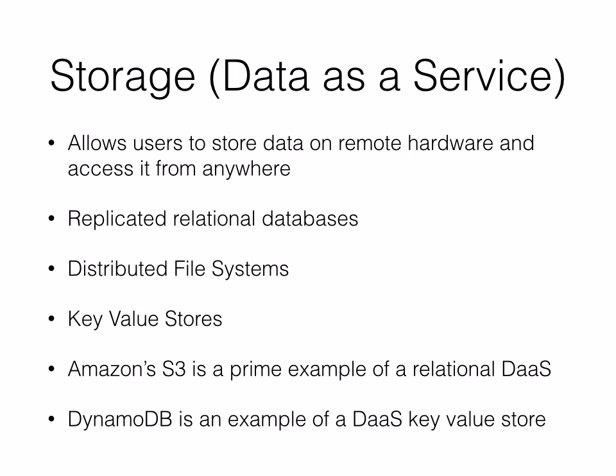Key value stores, we gave a few examples in the last lecture. For example, a key value store is Redis. I think that was mentioned on one of the slides in the last lecture. I have another example here, and that's Amazon's S3, which is a prime example of a data as a service. And then DynamoDB is also offered by Amazon. I might not have had that in the last lecture. That's an example of a key value store, just like Redis.